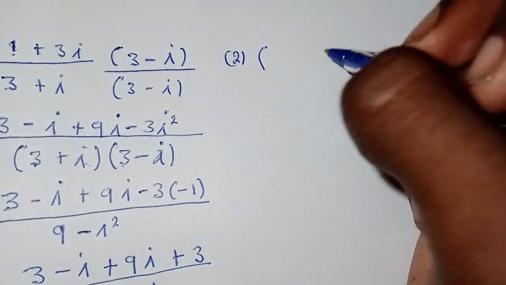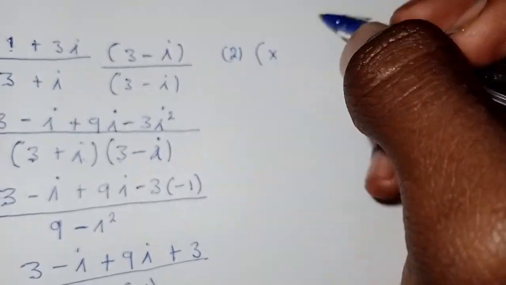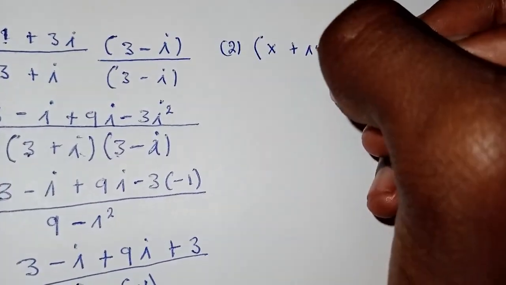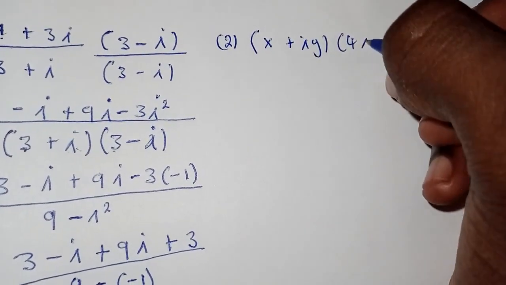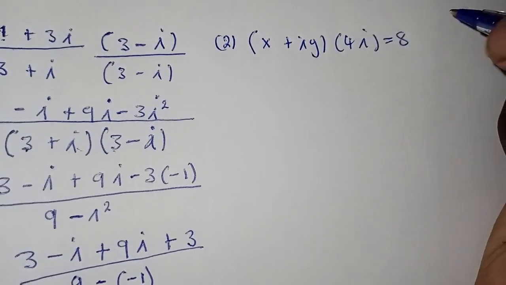So we have (x + iy) times 4i equal to 8.